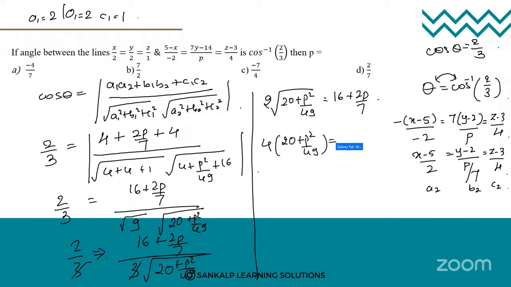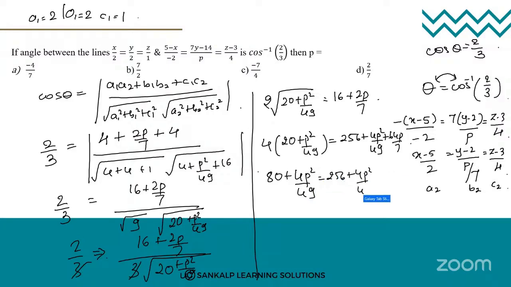On the right, 256 plus 4p square by 49 plus 64p by 7. Correct? So now this can be written as 4p square by 49. This is 256, 4p square by 49 plus 64p by 7. So this cancels on both sides. So what are we left with?